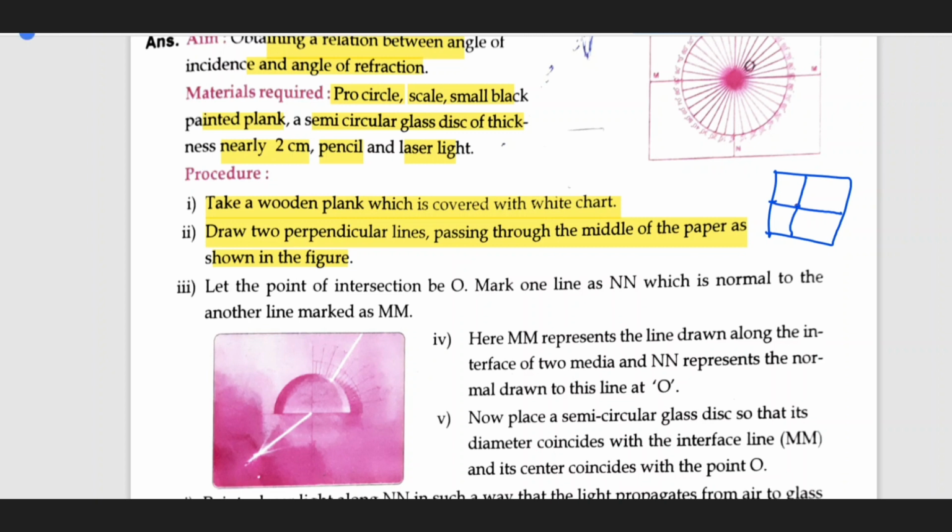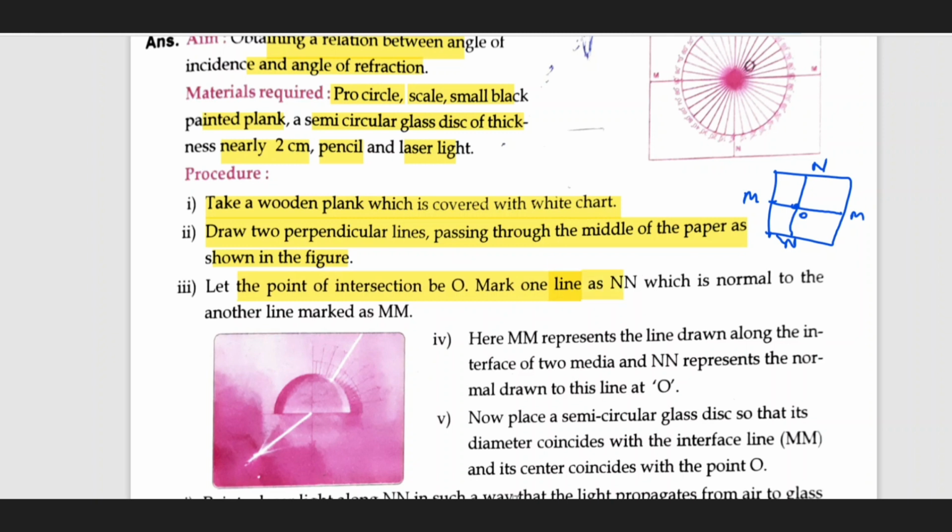So here this is the point of intersection. We observe in this figure. Let this horizontal line be MM and vertical line be NN. Let the point of intersection be O. So we have the point of intersection of two lines here.